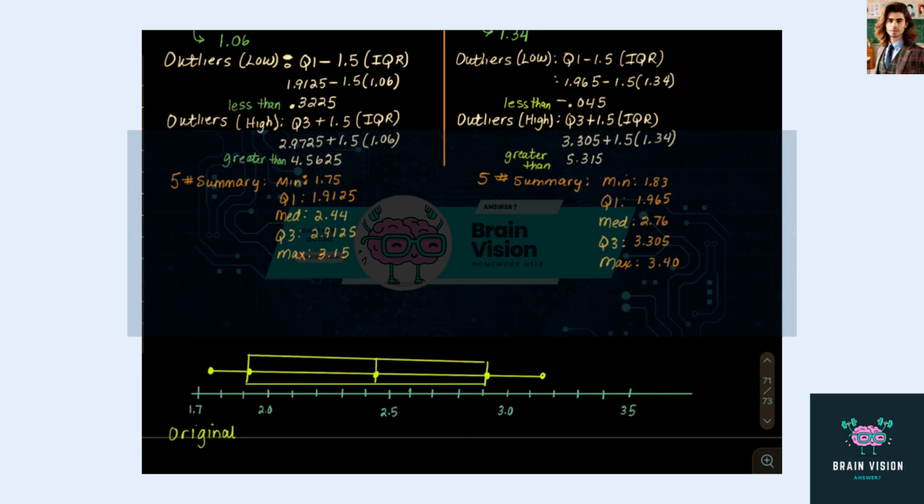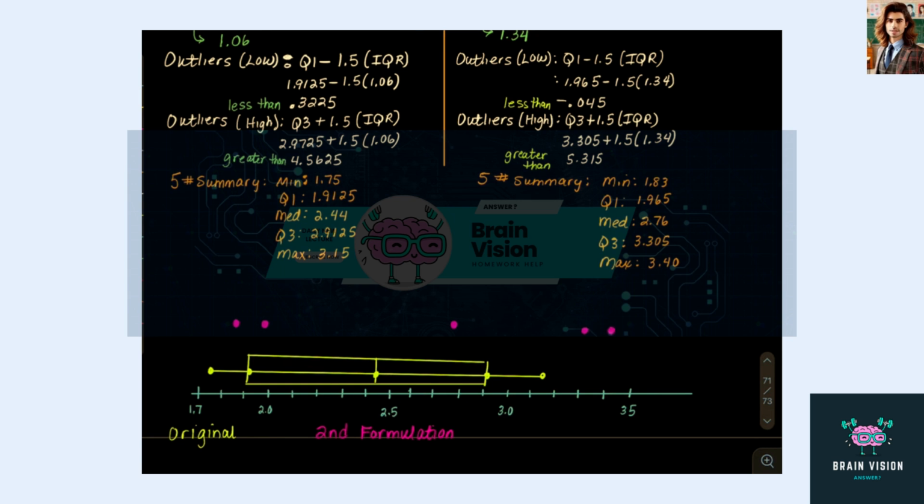We'll put our second formulation. Let's go in pink. And the minimum was 1.83. So that's going to be about right here. 1.965 will be about right there. 2.76, somewhere right in there. 3.305 and 3.4.